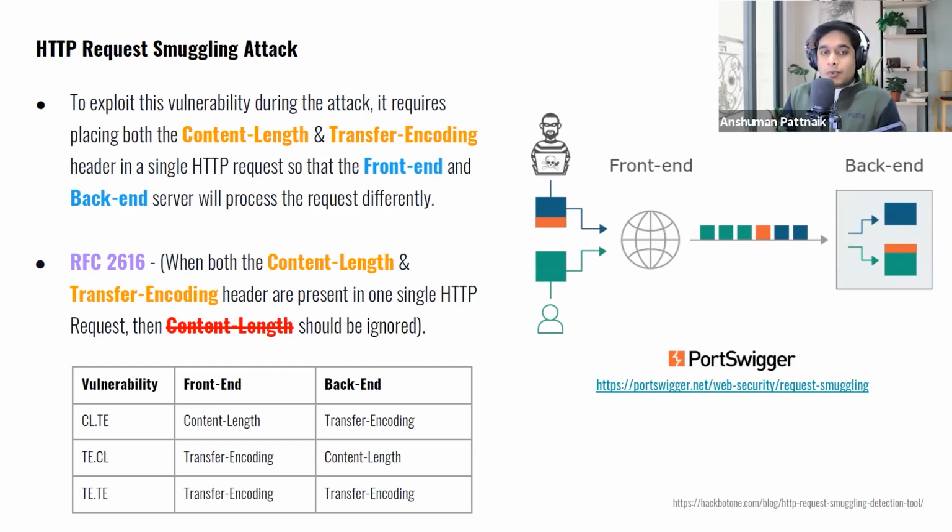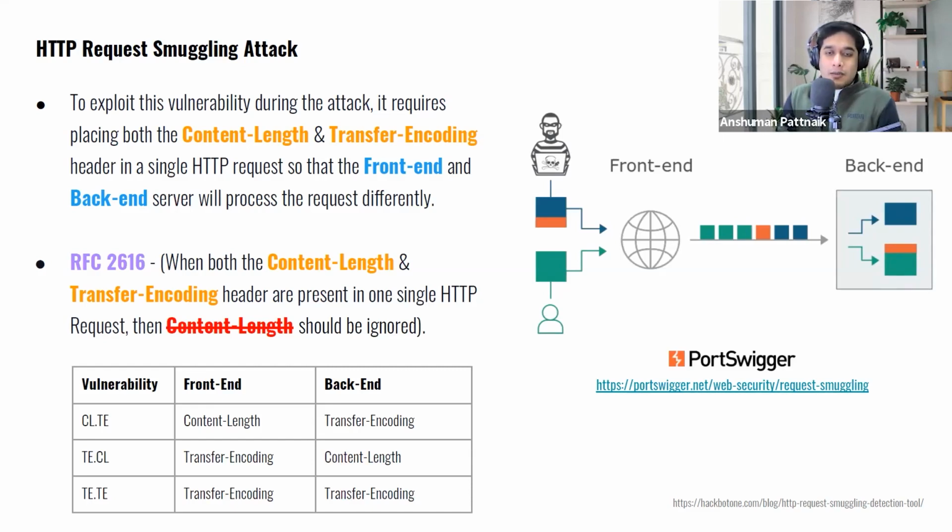The most important thing to perform an HTTP request smuggling attack on a real system is RFC 2616, which states that when both content length and transfer encoding headers are present in one single HTTP request, the content length header should be ignored.